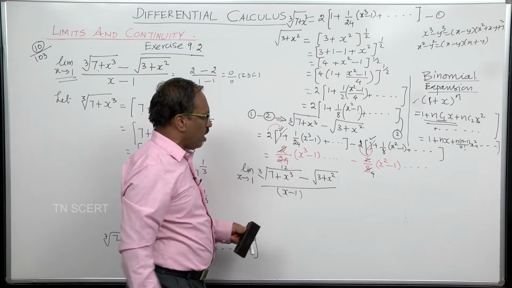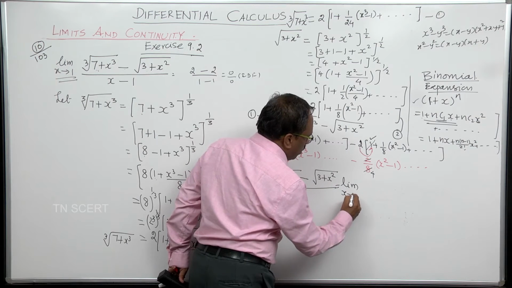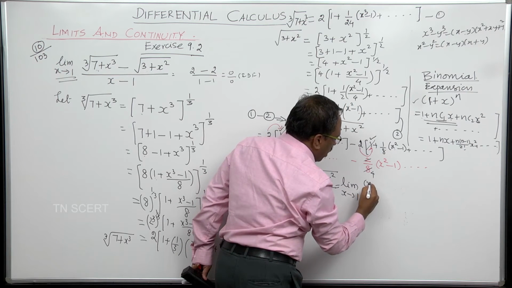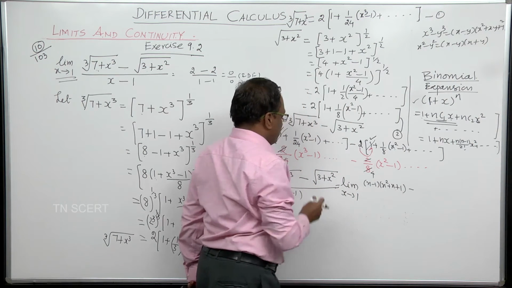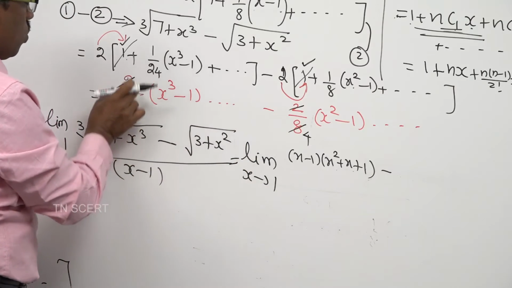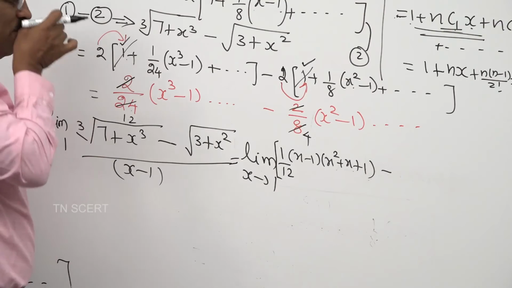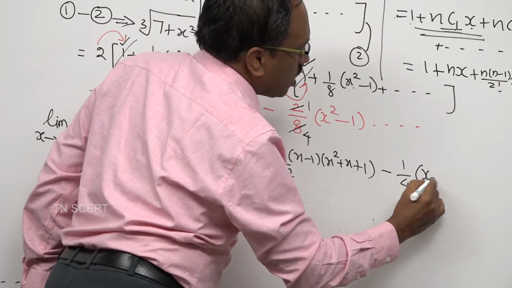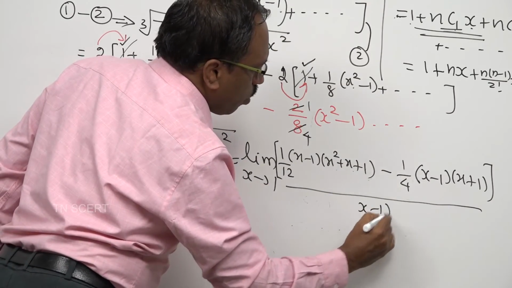Likewise we can apply this formula here, and numerator part, limit x tends to 1, here this x cube minus 1 we will take with this, that means x minus 1, x square plus x plus 1 negative term, and for that it's 1 by 12 also left over, 1 by 12, minus 1 by 4 bracket x minus 1 into x plus 1 over x minus 1.